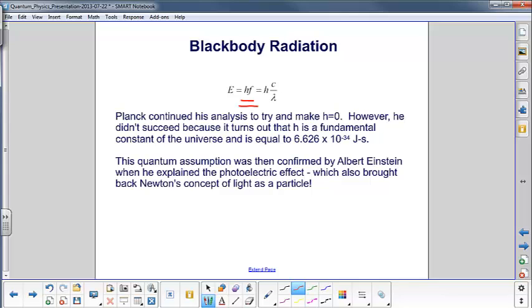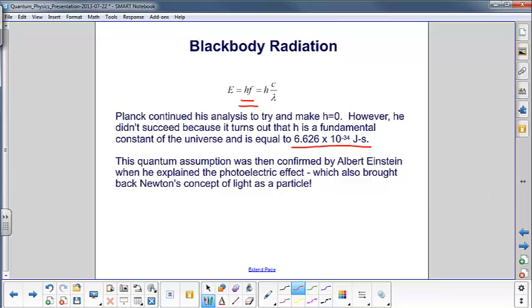He wasn't quite sure he was on the right track. Of course he was. And he couldn't succeed in getting rid of h because h happens to be a fundamental constant of the universe, and its value is approximately 6.626 times 10 to the minus 34th joule seconds. That's really very close to 0, but it is not 0.